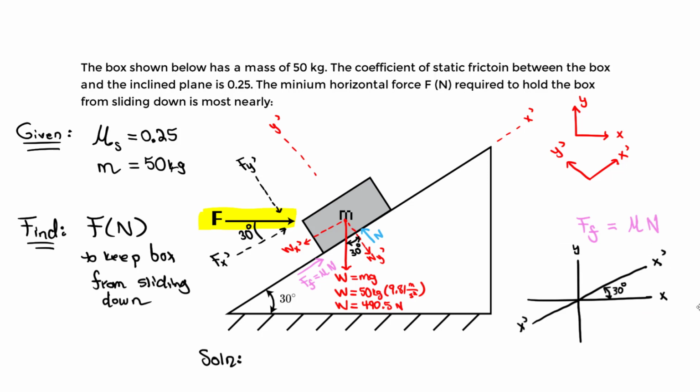What we do to x prime, the y-axis also changes. It changes to what? Y prime. So it has to do something like that. So this is going to be our y prime axis. So this rotated by 30 degrees for the incline counterclockwise.